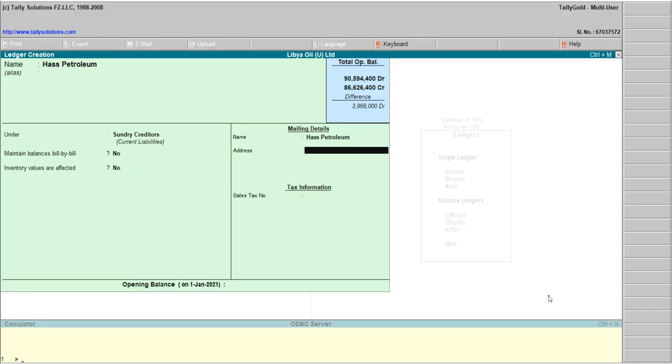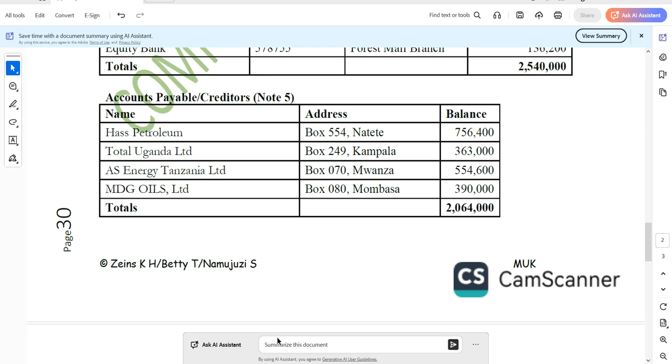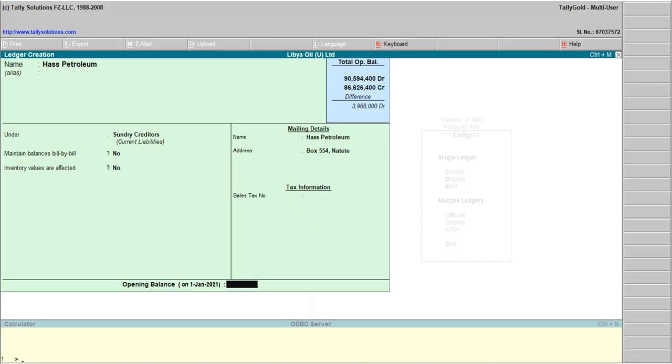Address for AS is box 554. How much is the opening balance for this supplier? 756,400. Credit balance because these are liabilities.